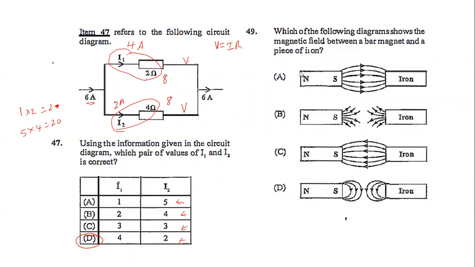So move across to 49. Question 49 is asking if you place a bar magnet next to a piece of iron, which is the correct magnetic field diagram?